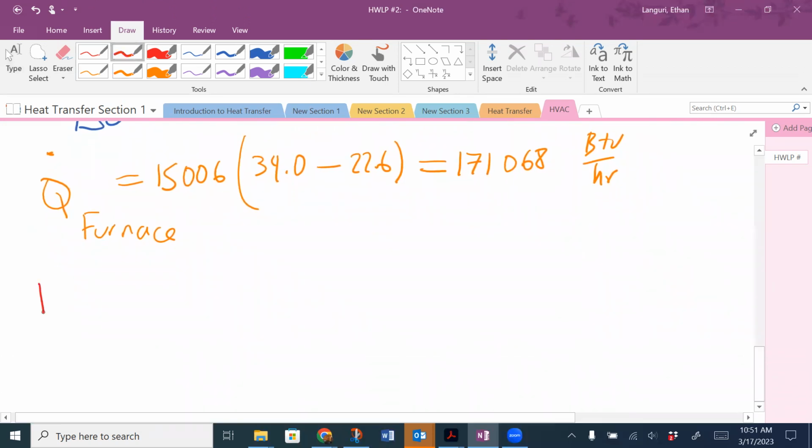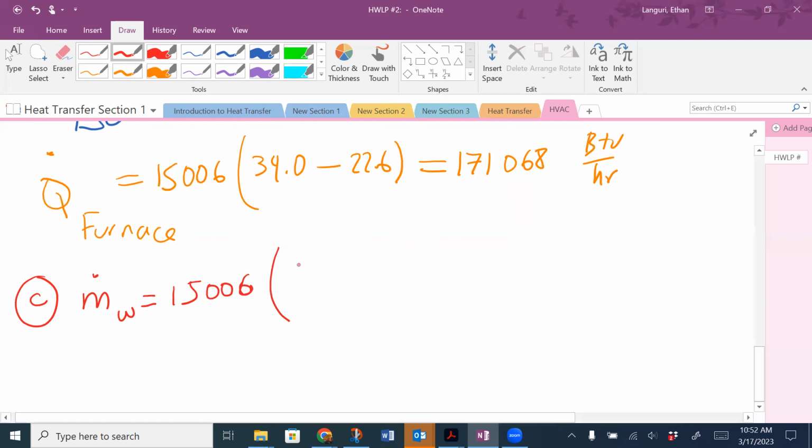And for part C, I need to find out the mass flow rate of the water for humidification. That's also equal to the m dot supply times the humidity ratio difference across the humidifier.